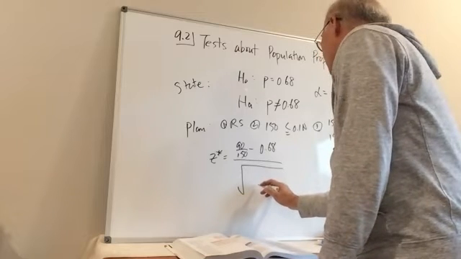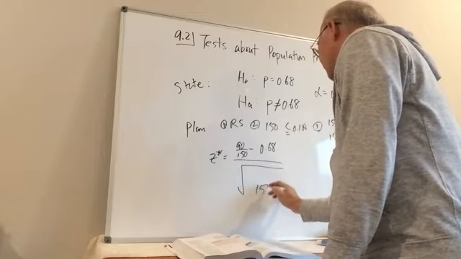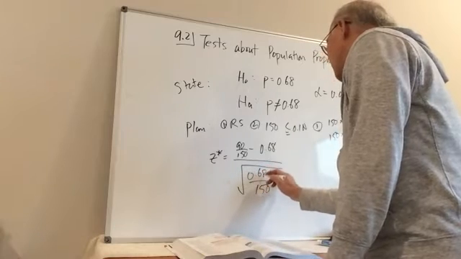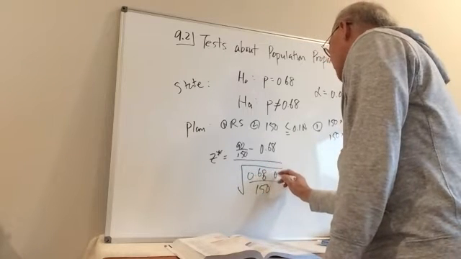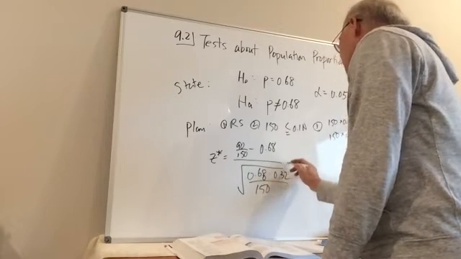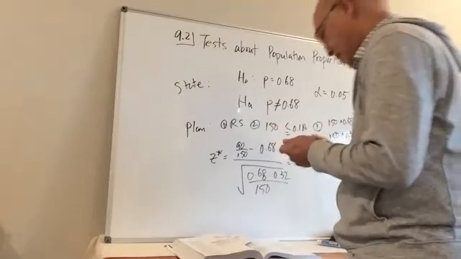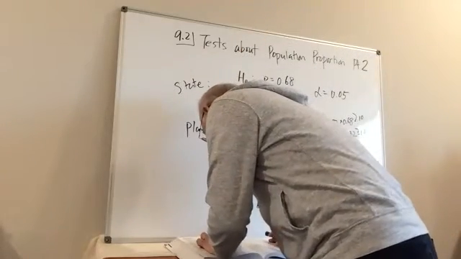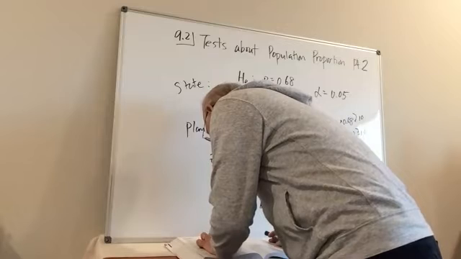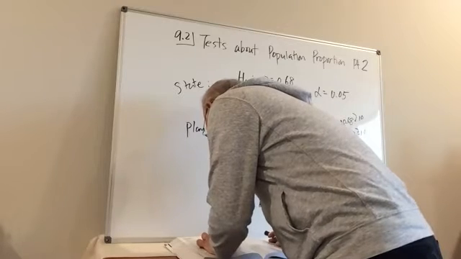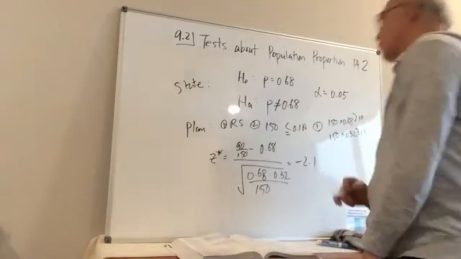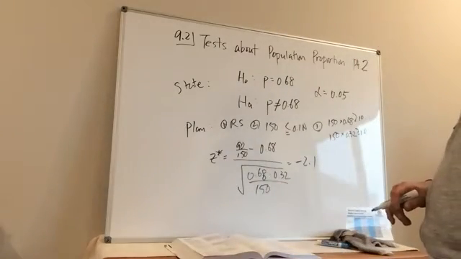And n was 150. 0.68 times 1 minus 0.68, 0.32. And if we do this, we're going to get negative 2.1. Negative 2.1.